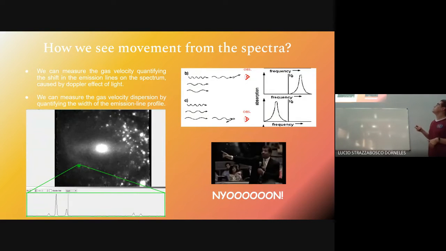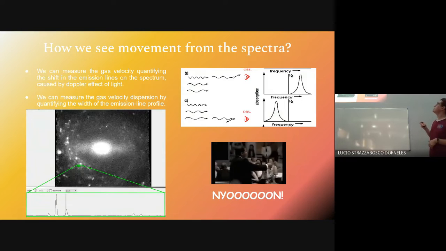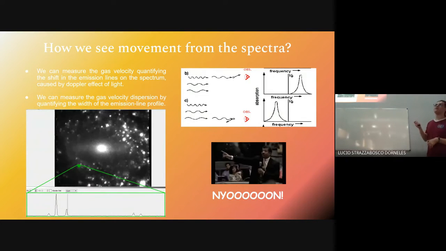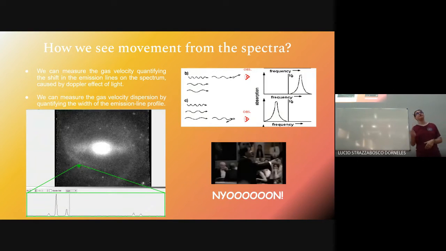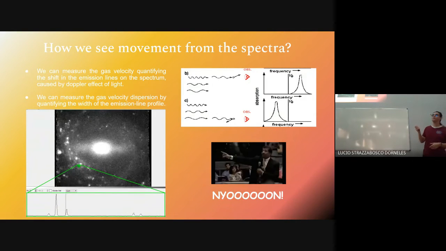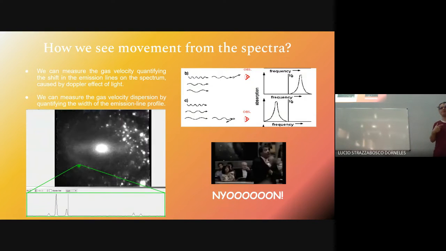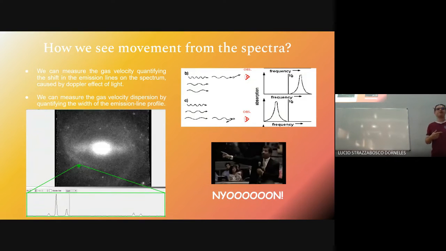So if the object is approaching us, the frequency observed is increased, and when the object is going farther away from us, the frequency decreases. For wavelength, this occurs in the same way, just in the opposite direction. So when the wavelength decreases, the object is approaching us, and when it increases, the object is going far away from us. So this is the first property.